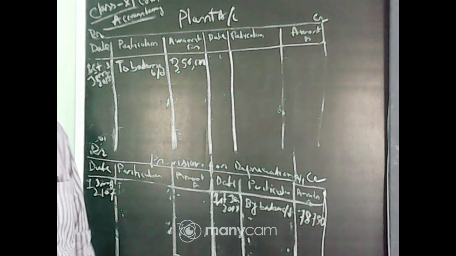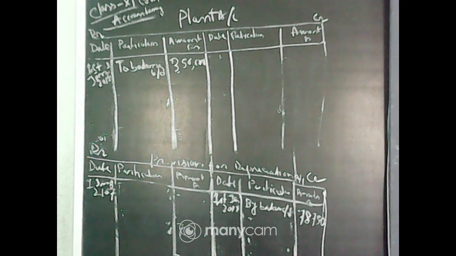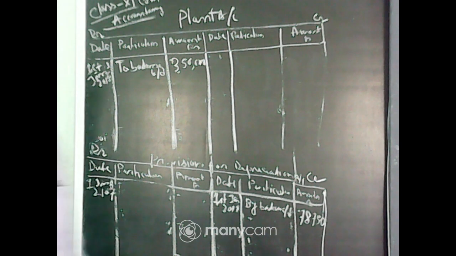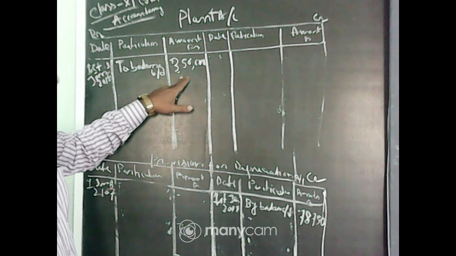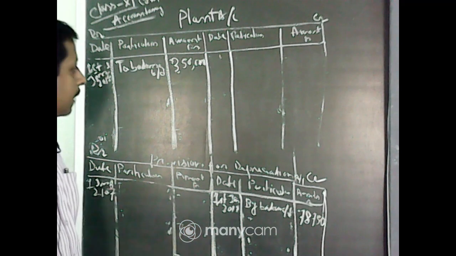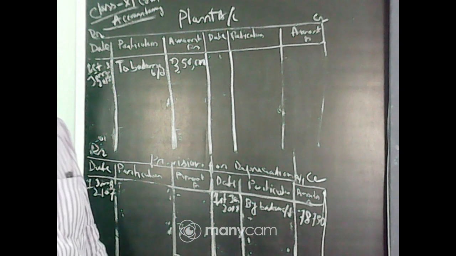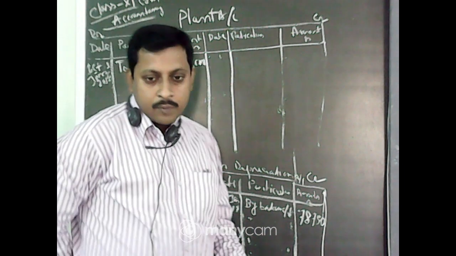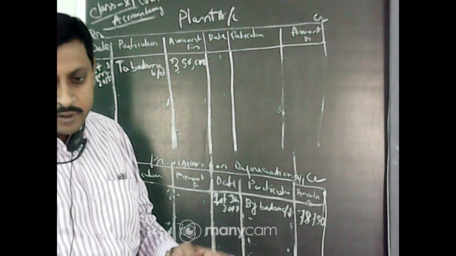Now in that case, what will be the depreciation you have to charge? Up to 1st October the machine was used. Which machine was used? That is the machine we are selling on 1st October, that is 3,50,000. So again up to October you have to charge depreciation, that is from 1st January to 30th September.